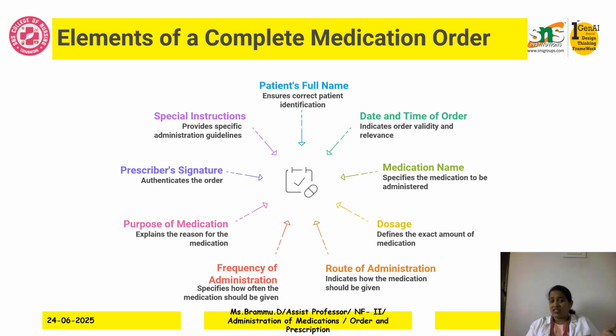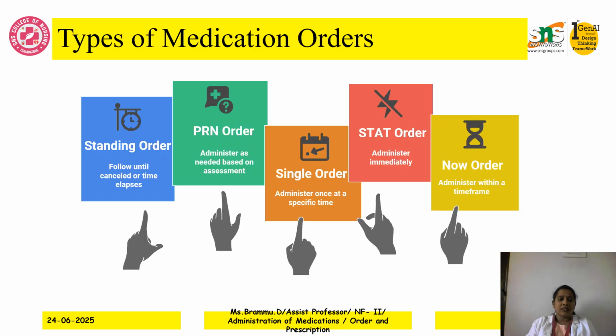Then, if necessary, any special instructions given by the doctor must be taken into account, and you fulfill the necessary special guidelines. So these are the common elements we nurses have to closely check, starting from the name till the special instruction.